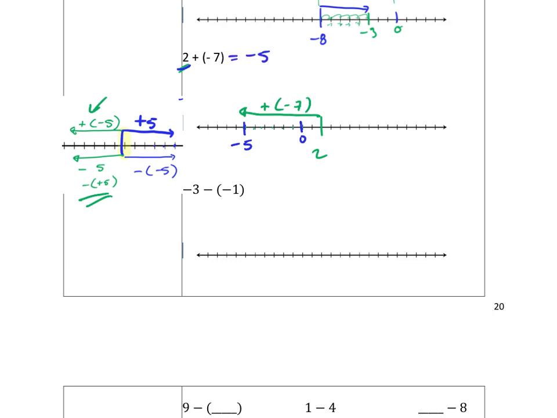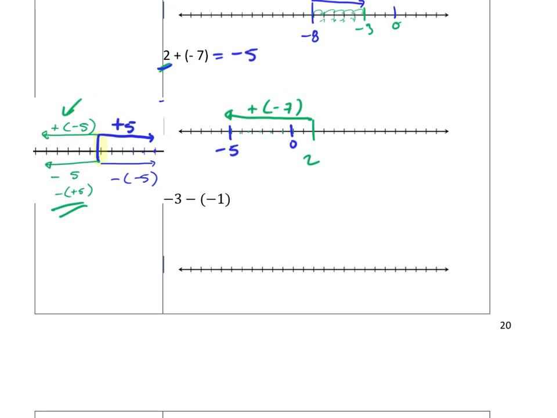Now remember, you're learning how to draw this and how to come up with a solution. Both are requisite, okay? So again, we start at -3. So we just put over here -3, and we're going to subtract -1. Well, when I subtract a negative, that's this one right here. So that means I'm going to the right. So if I'm going to the right -1, I'm just going to the right 1, right?